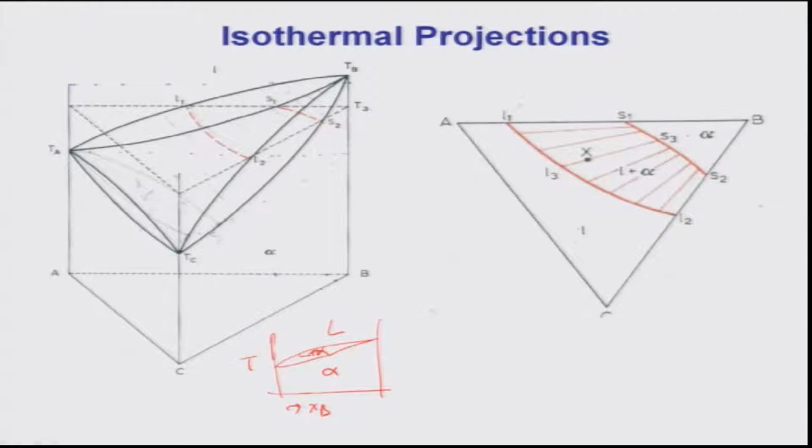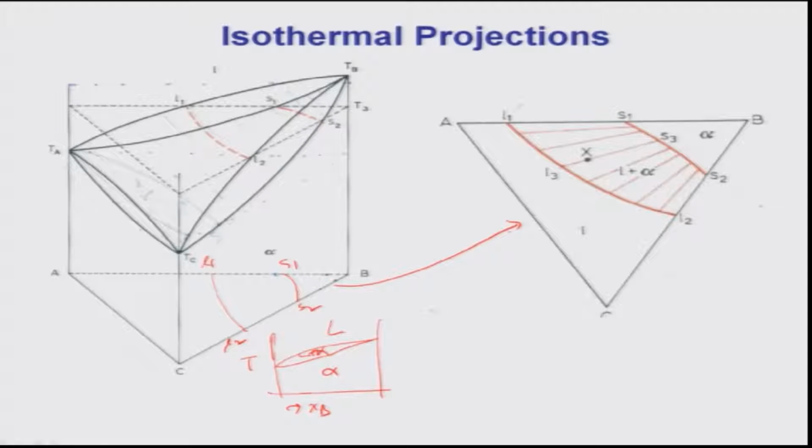If you look carefully, this triangle will cut the liquidus surface at L1 and L2, and the solidus surface at S1 and S2. Now, if I project these two curves here and these two curves there, I can write down L1, L2 and S1, S2, and this is exactly shown here.